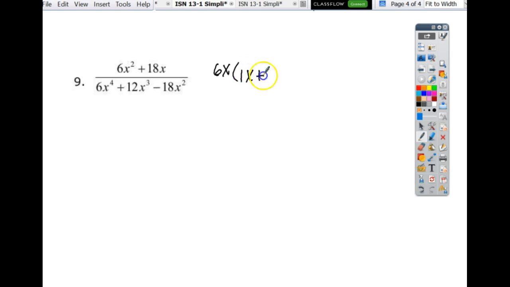And then plus, what's 18 divided by 6? 3. And what happens with these x's? They cancel. What do they have in common on bottom? 6. And what's the smallest exponent on the x? X squared. So I'm going to put 6x squared. And when I do that, I'm going to end up with x squared plus 2x minus 3.